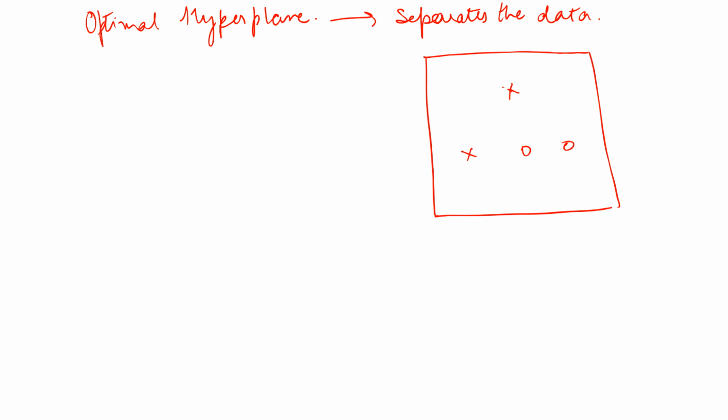Okay, and so let's say we have one separating hyperplane. The thickness of the separating hyperplane is the distance to the closest data point. I wouldn't call it a definition, but that's the first observation we have.